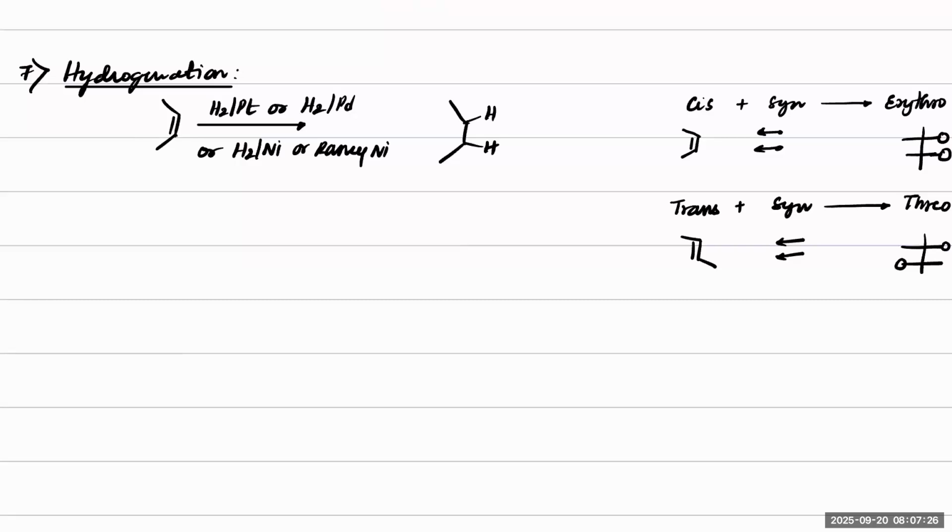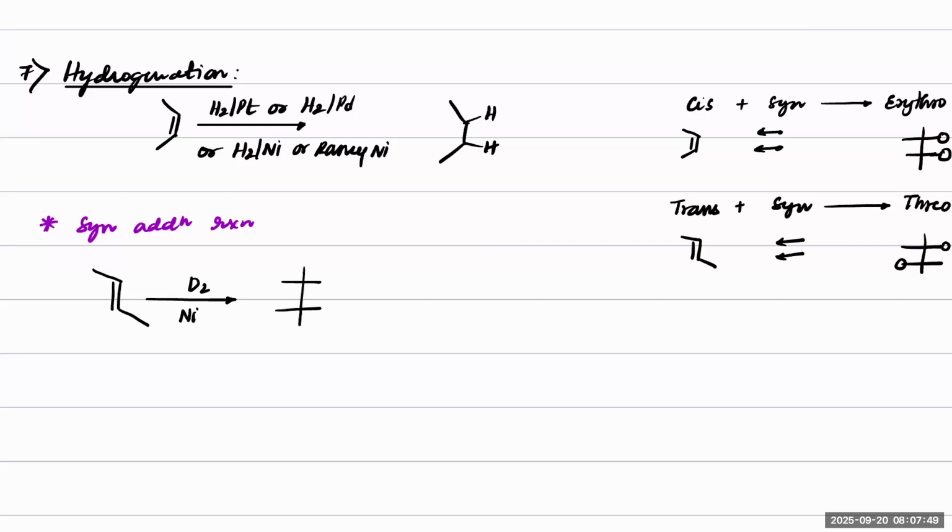So when it comes to hydrogenation, it is a syn addition reaction. Since it is a syn addition reaction, suppose I have a double bond here and I'm adding D2 in the presence of nickel, then what is the product you will write?